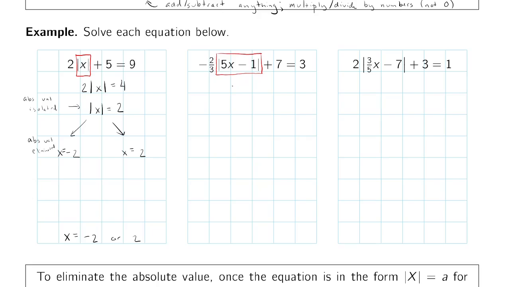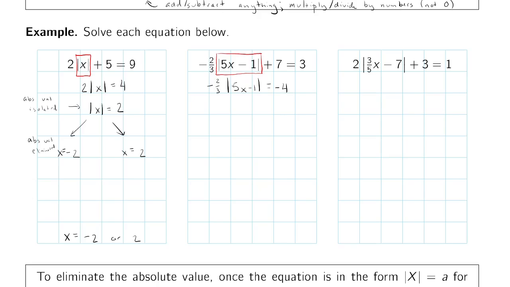Right? We can't touch anything inside the absolute value until we have eliminated the absolute value. So first we'll subtract 7 on both sides. So we'll have negative 2/3 absolute value 5x minus 1 is 3 minus 7 is negative 4.